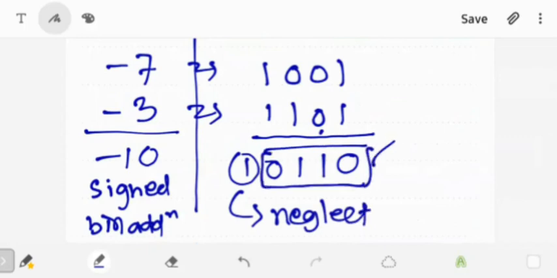It represents a positive value because MSB is 0. What is its equivalent value? It's 4 plus 2, 6. Is the answer correct? No, it's wrong.